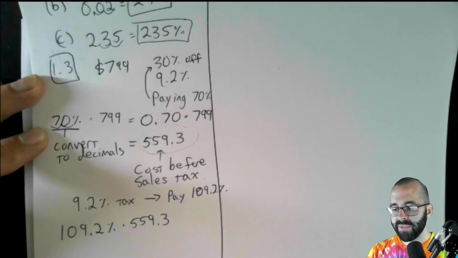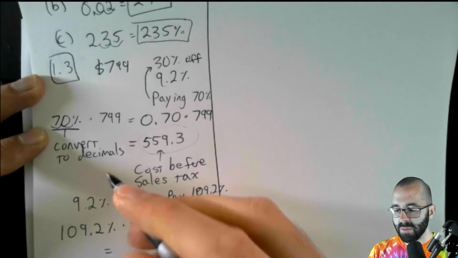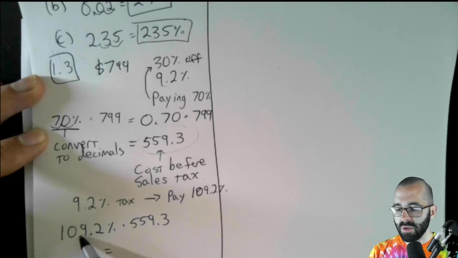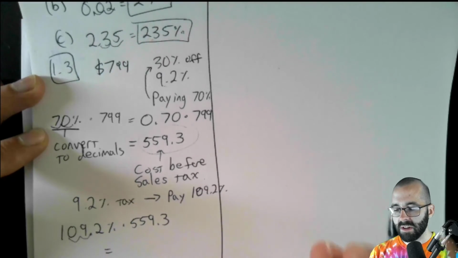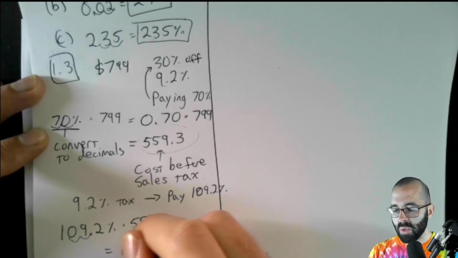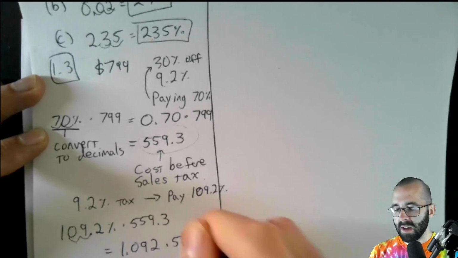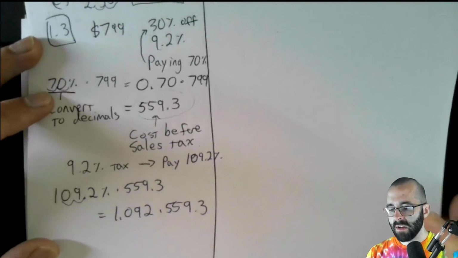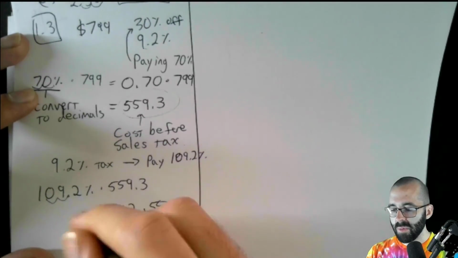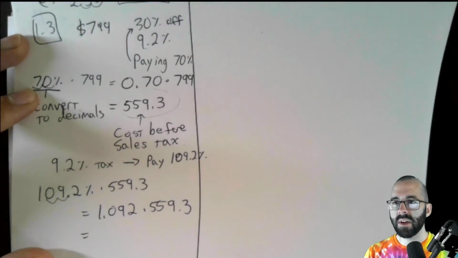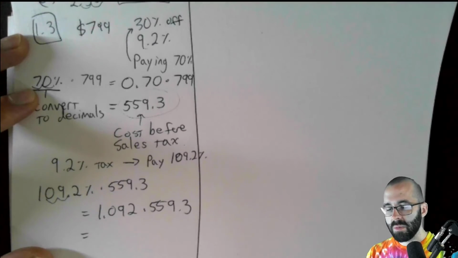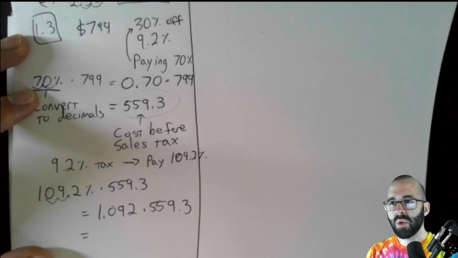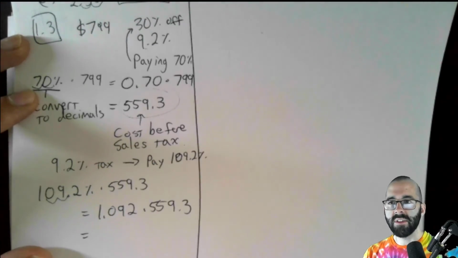559.3. Let's convert it to a decimal. We have to move the decimal place 2 to the left now to convert it to a decimal. 1.092 times 559.3, and then we multiply that out. So 1.092 times 559.3 should give us our answer.